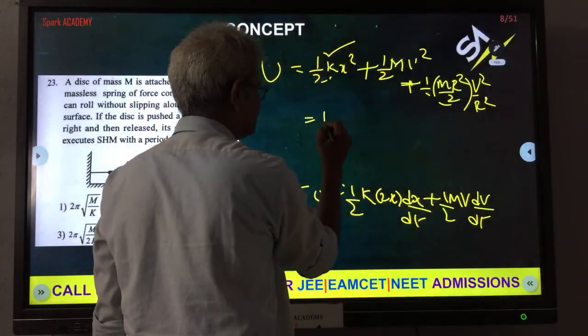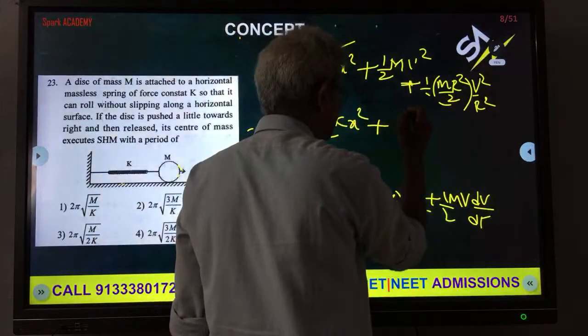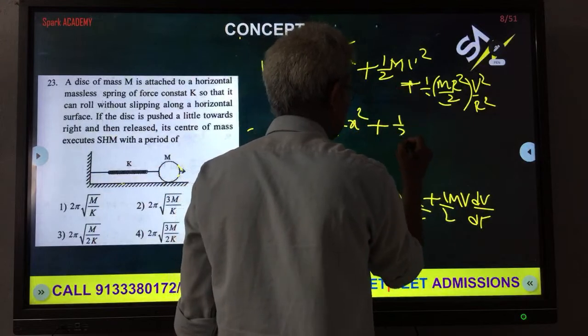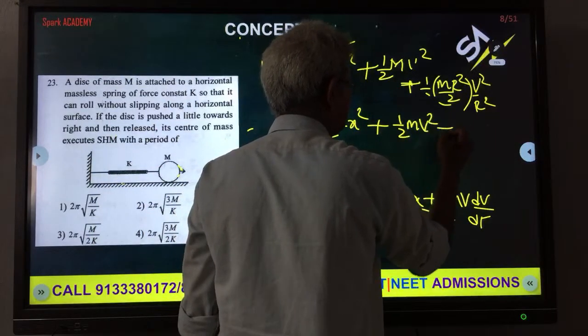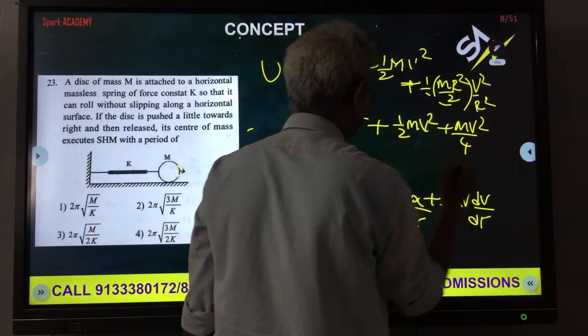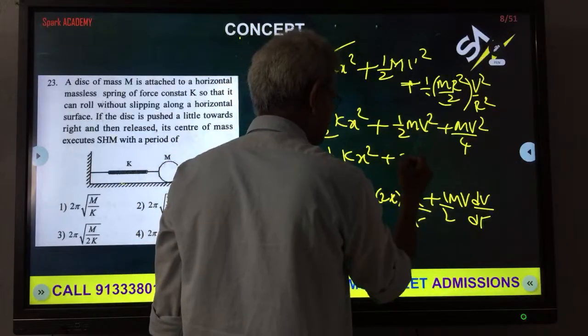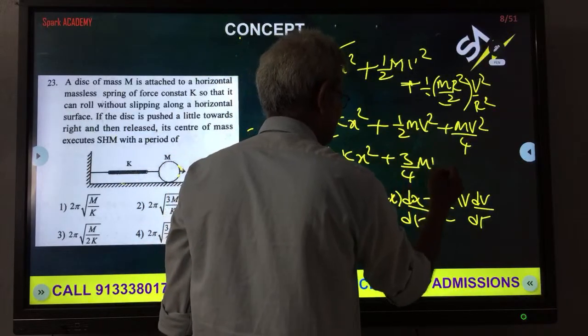So this will be equal to half kx square plus half mv square plus, r gets cancelled, mv square by 4. Taking LCM, it is 3 by 4 mv square.